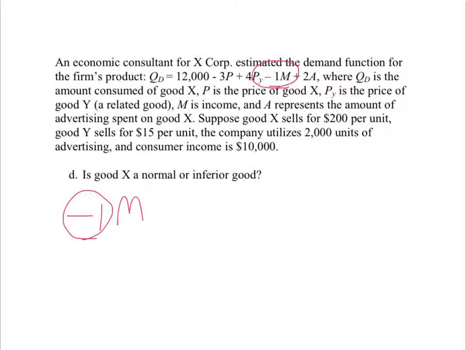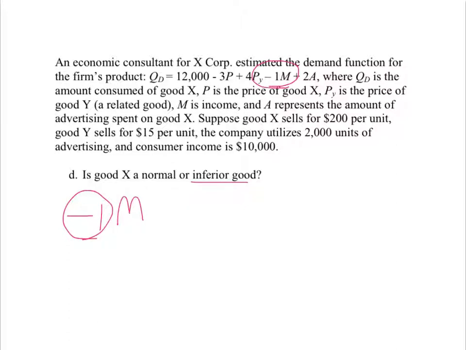This negative coefficient tells us that as income goes up, consumers of this good will buy less of that good. As income rises, consumption goes down. Well, what kind of good is that? Well, by definition, that's an inferior good. Inferior good, income, and demand have a negative relationship.